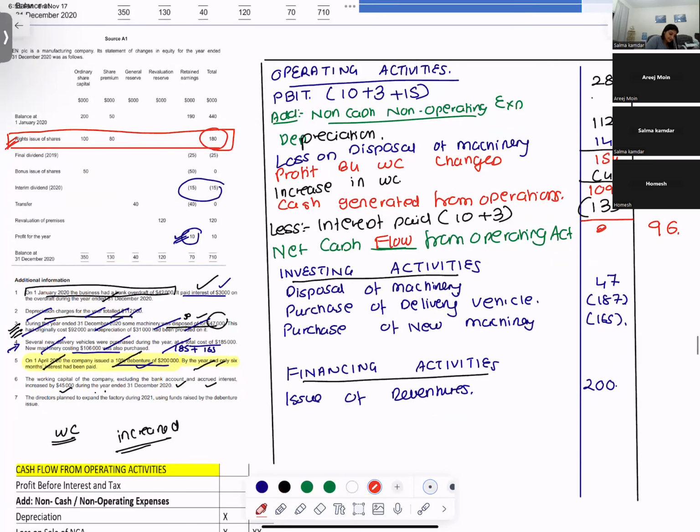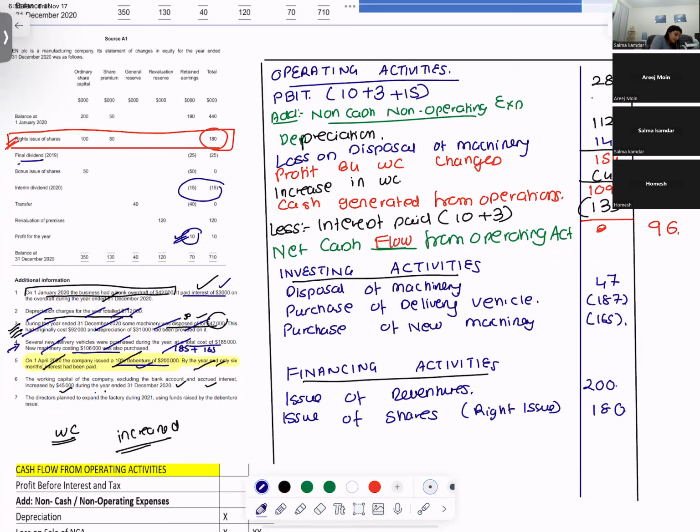So where will I write this? Financing activities, issue of shares, or you can say proceeds from rights issue. Is money coming in or going out? Coming in. How much? 180.